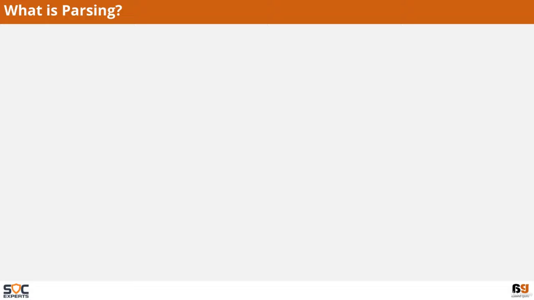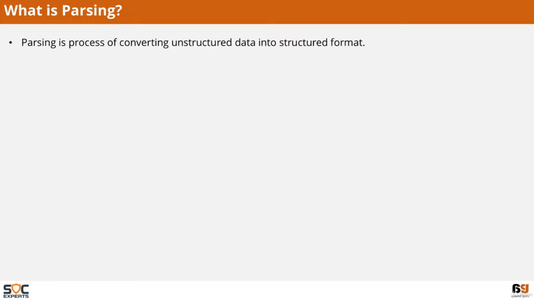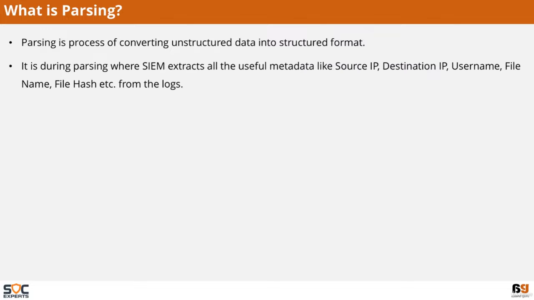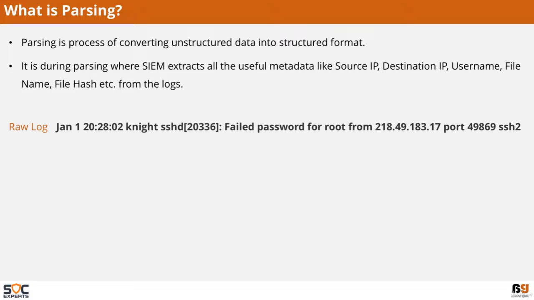What is parsing? Parsing is the process of converting unstructured data into structured format. It is during parsing where SIM extracts all the useful metadata like source IP, destination IP, username, file hash, etc. from the logs. Let's take this example of a raw log which is generated for a failed login attempt.